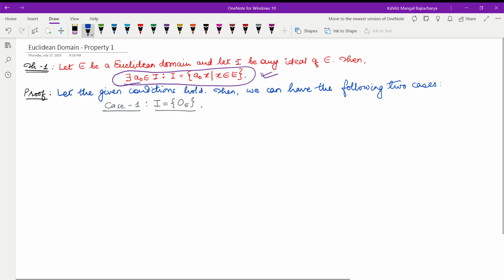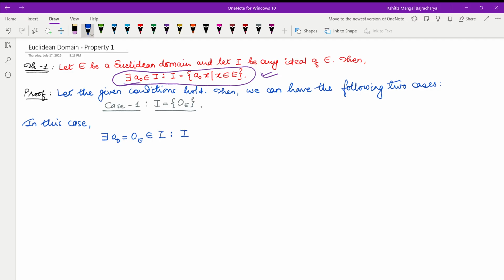Now in this case, we can say that there exists a0 belonging to I, where if we are supposed to take any element from I, and I is the zero ideal, then that element should be the zero element, the zero of the Euclidean ring, such that I = {0} = {a0x : x belongs to E}.